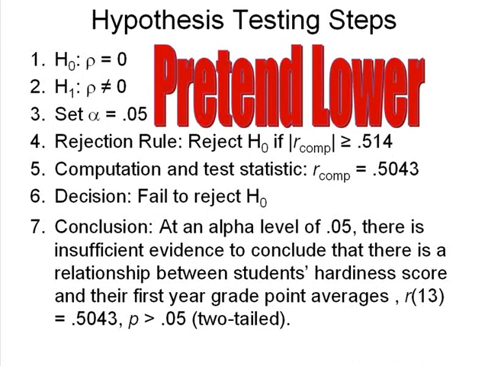R(13) = 0.5043, p greater than 0.05. Actually, this would be p greater than 0.05, because here we failed to reject. So that means our probability of being wrong must have been greater than 0.05. And again, it's two-tailed. In the next lesson, we'll learn how to do a graph of this data and to plot our regression line on that scatter graph.